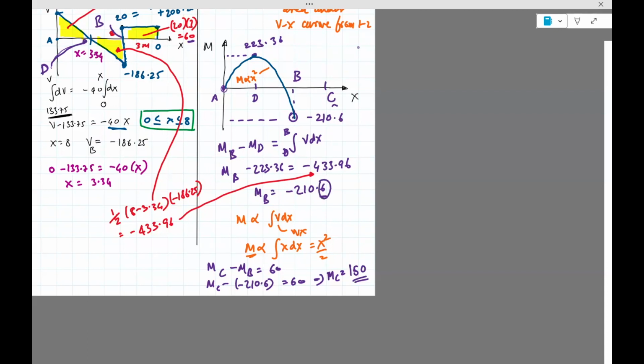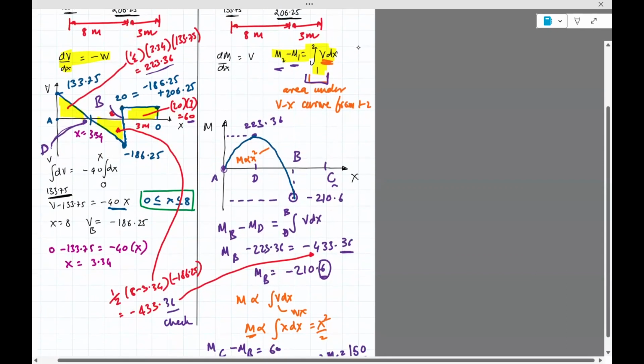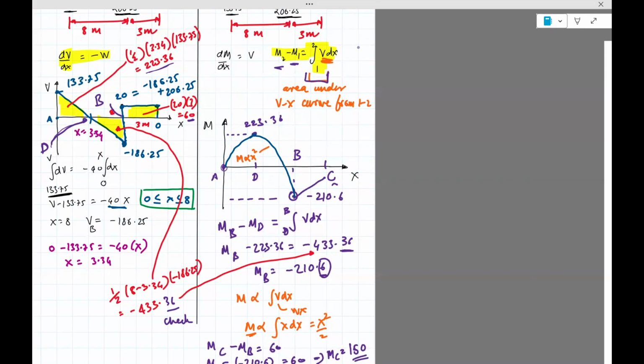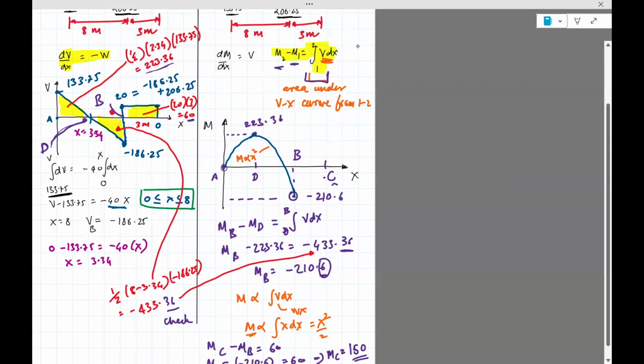I think there's a problem here, which means it's probably a problem here. This might be 36. Need to check. I think it's 36. So it should always come out to be whatever that moment is, 50 at the end. Yes, right. This is how it should come out.